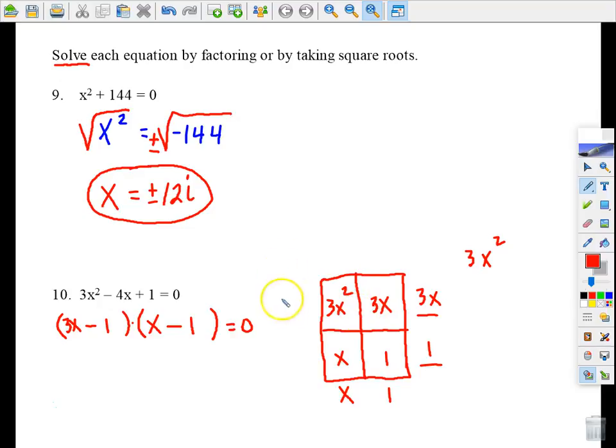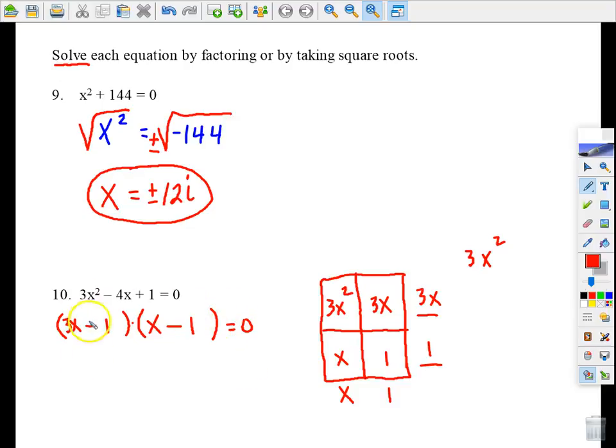A solution is a number that you would put in place of x that makes this true. I haven't found any number yet that I could plug in for x to make this equation equal 0. I mean, I've factored it, which is great, but I haven't solved anything at this point.